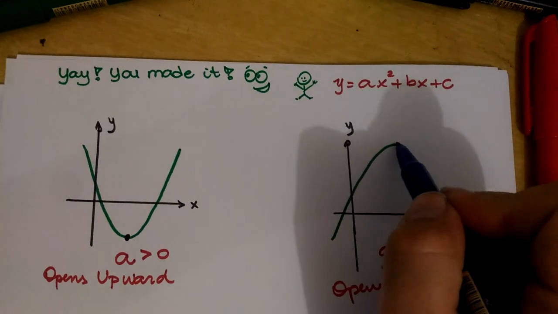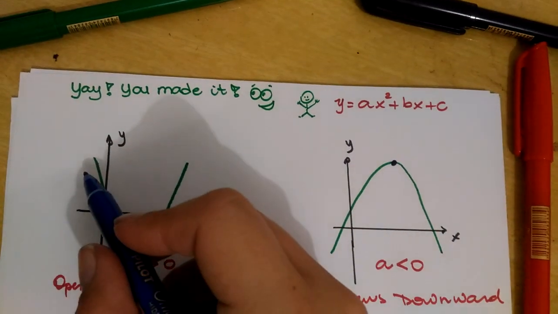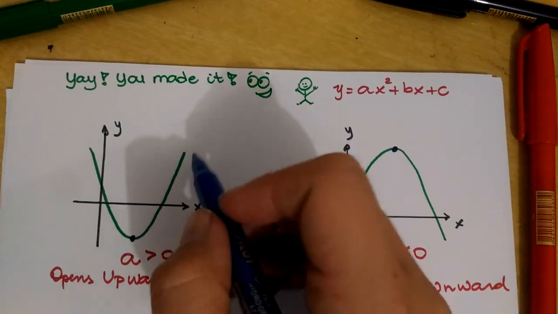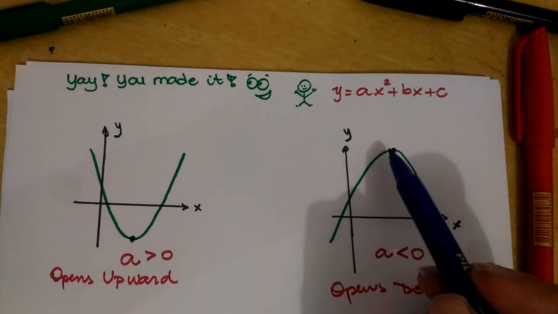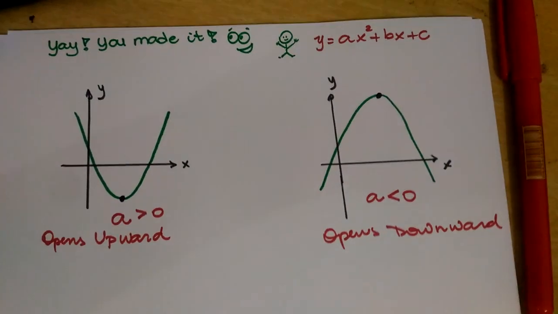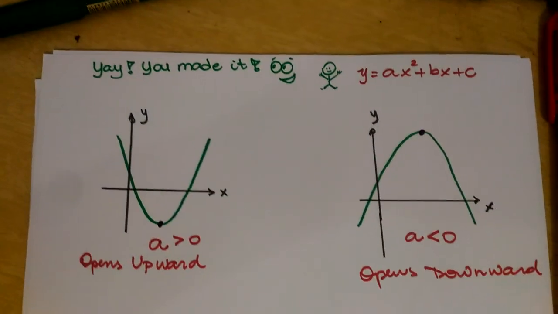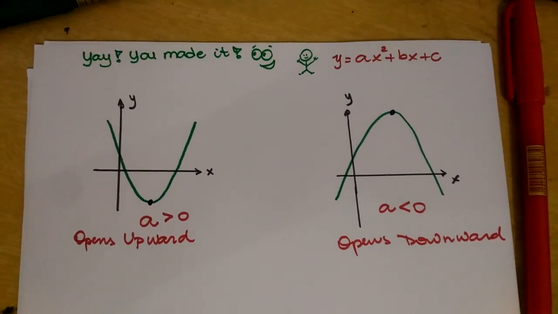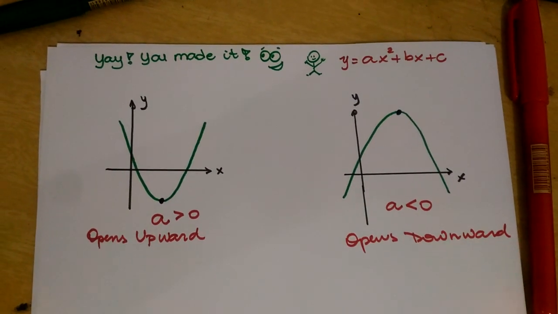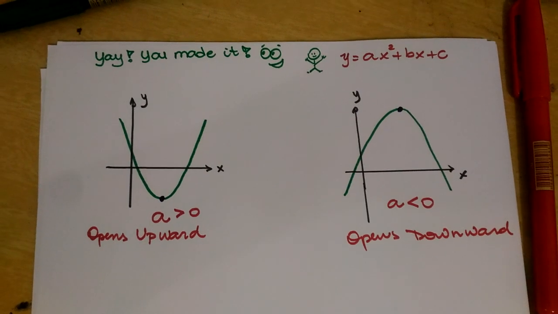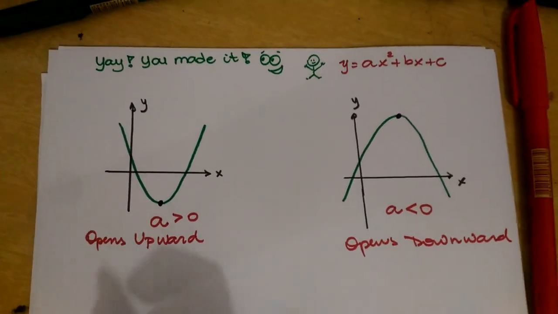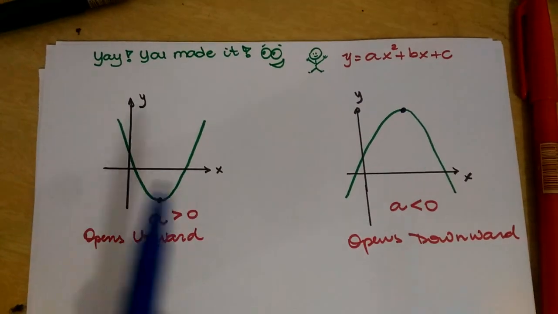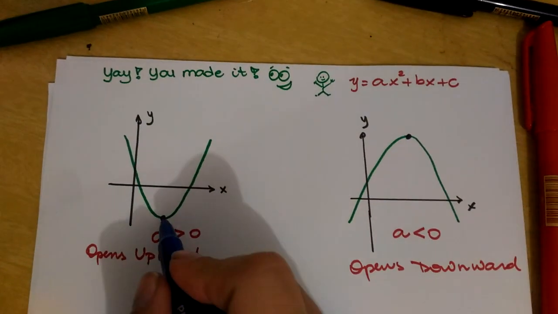Now, if we analyze this whole situation, we would realize that in both cases, we had this point where it stops declining and starts inclining again, and it stops inclining and starts declining. If you think of a roller coaster, that would be the point where you stop going up and start going down, and vice versa. So what do we call this specific point?